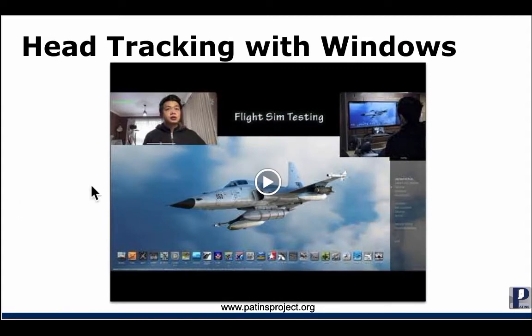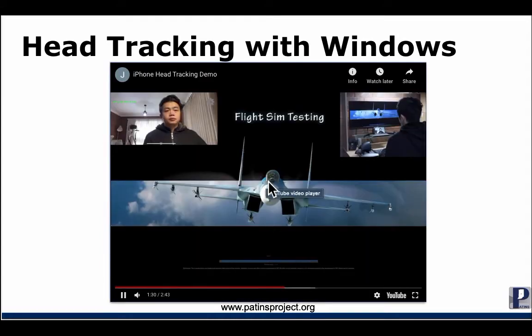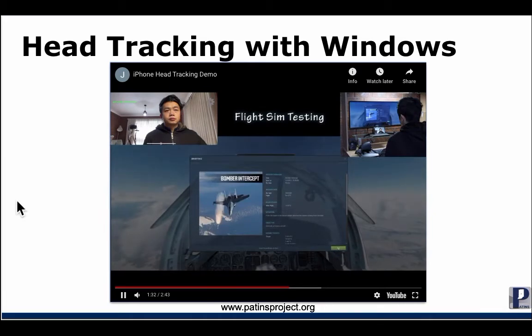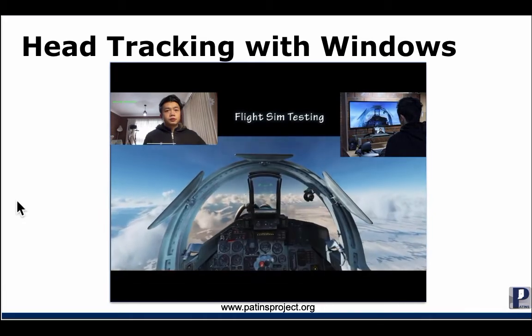As I was doing some research, I came across this guy. There's some software that you can install on your computer, and you can use your head control settings on your iPhone, and you can do that while you're playing a game. So this has head control, so it's like you're sitting in the cockpit and you can look around as you're flying the jet, but you're using head control from your iPhone.